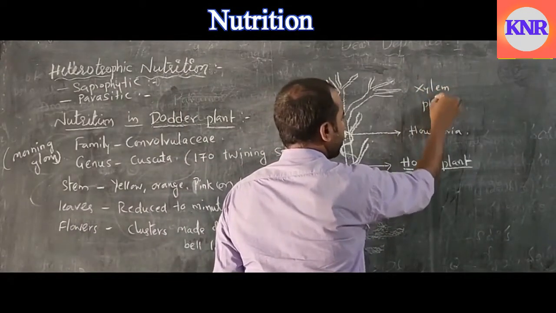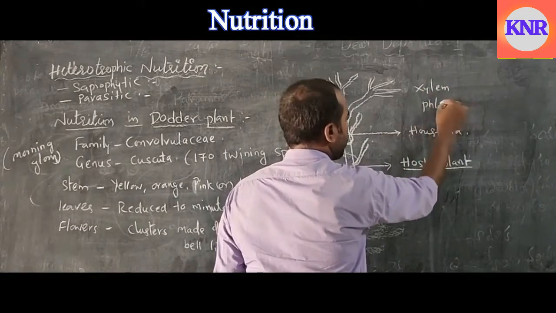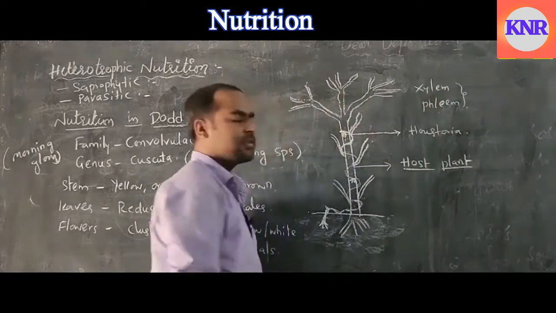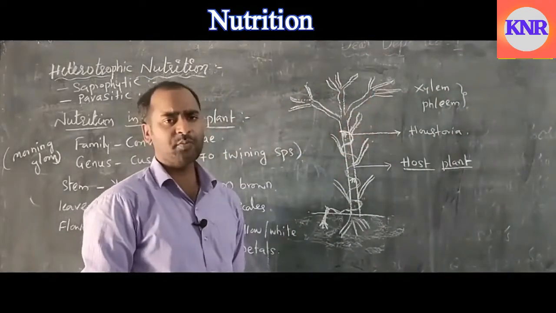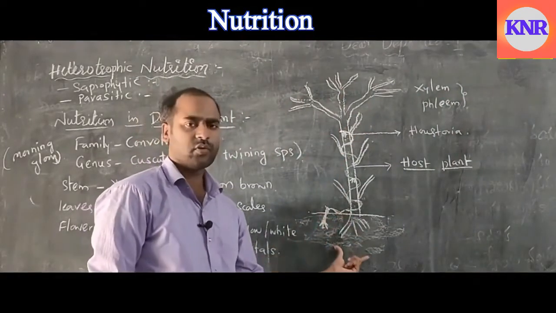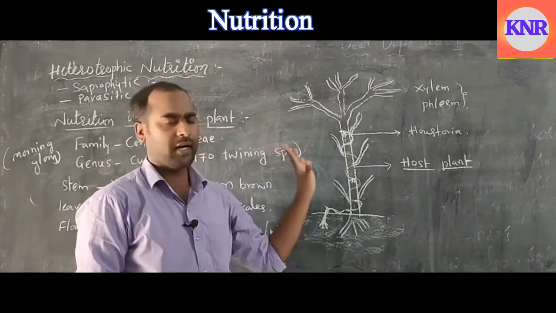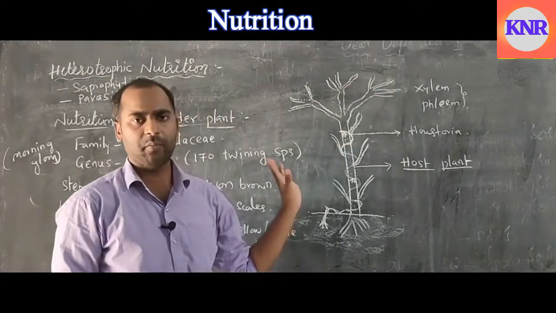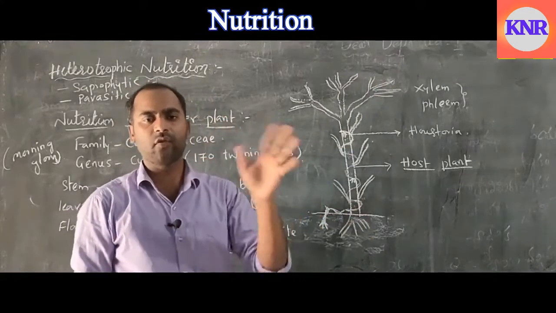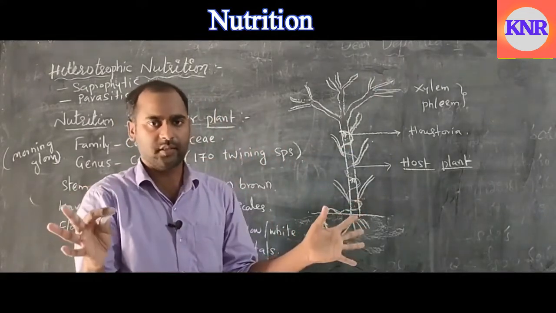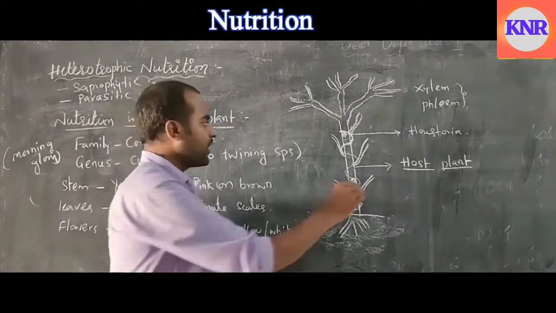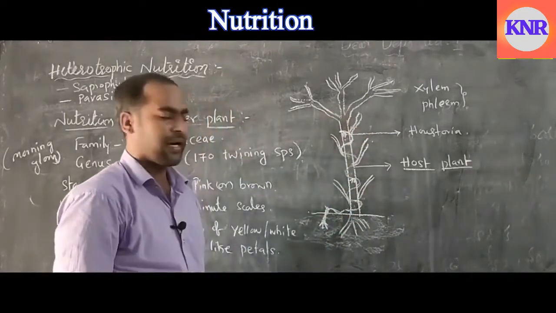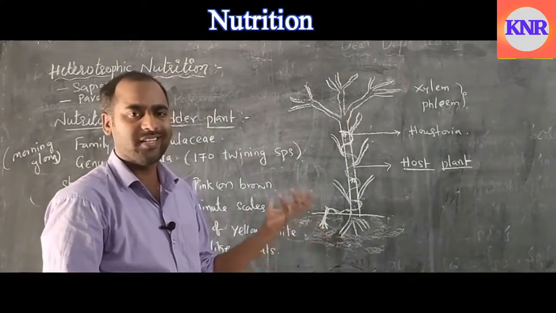Xylem transports water from the soil to every part of the plant body, and phloem transports the food from the leaves to every part of the plant body. That means xylem contains water and phloem contains prepared food, nutrients, right?